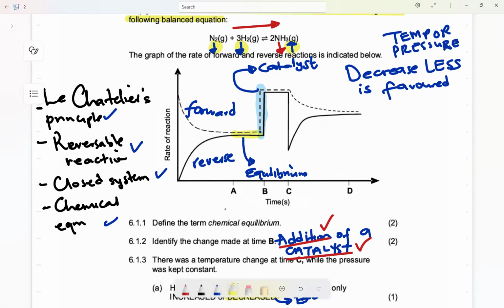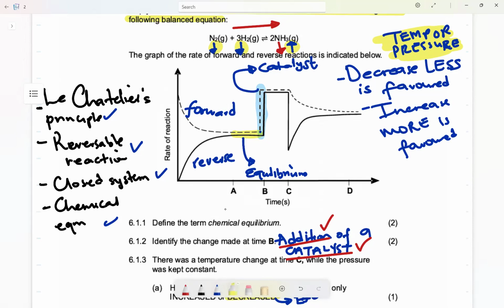Please look at the video where I explained the graphs. If it is temperature or pressure, the one that decreases less is favored. When there is an increase, the one that increases more is favored. This is what I explained. If you watched that video where I explained the graph, you'll understand exactly what I'm saying.